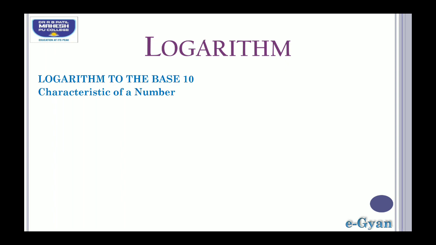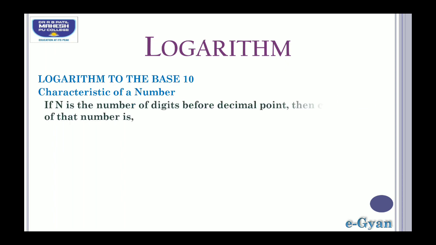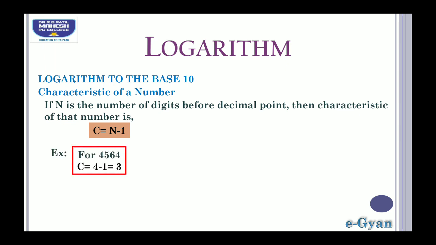Now first let us try to understand what the characteristic of a number is. If n is the number of digits before the decimal point of the number, then the characteristic of that number is c is equal to n minus 1. So for example, for the number 4564, if I think of putting a decimal point, I should put it after 4.